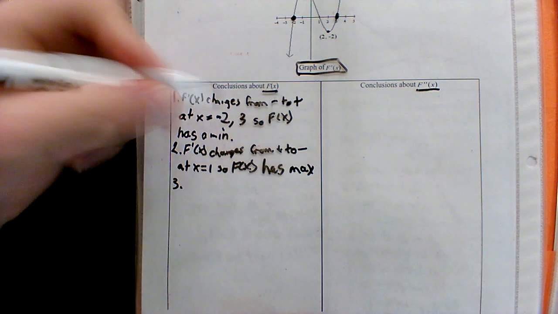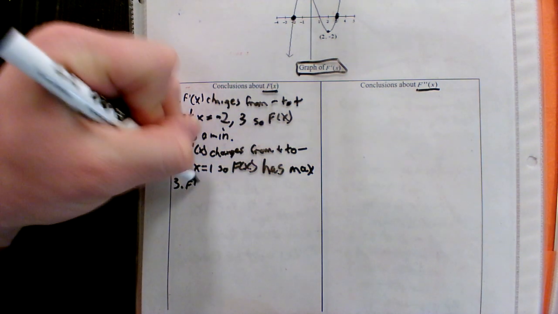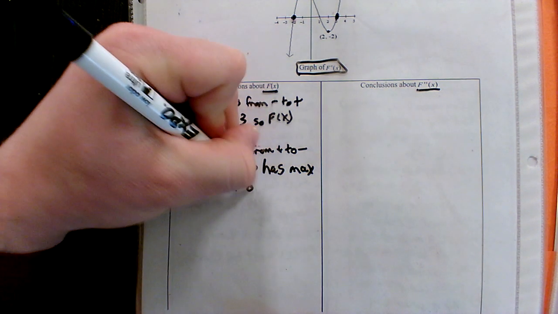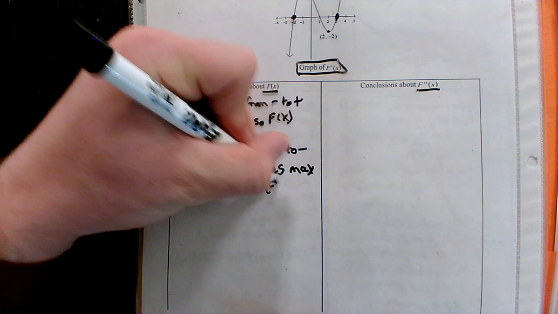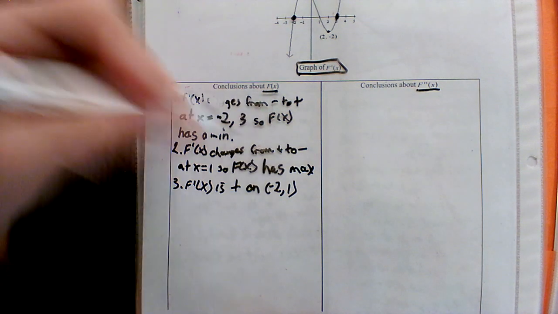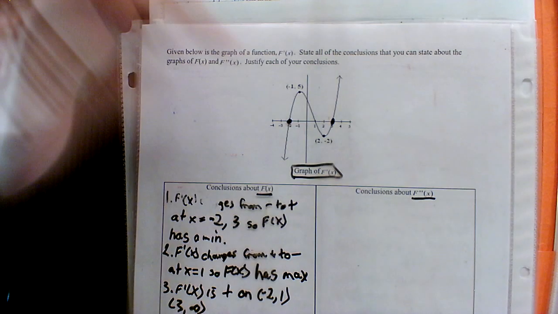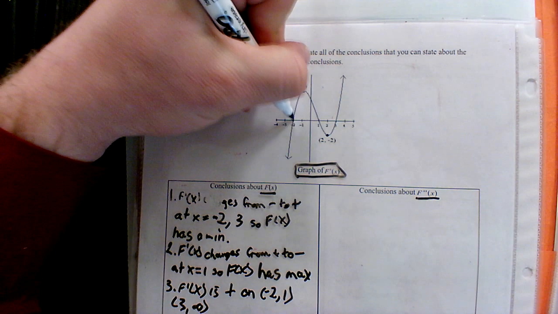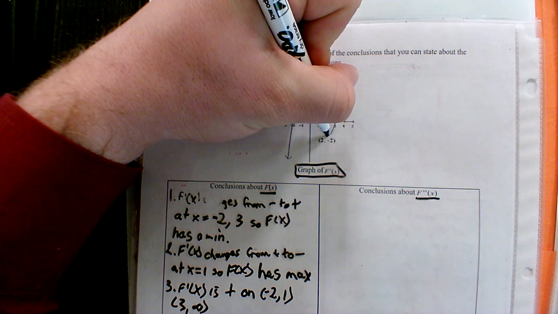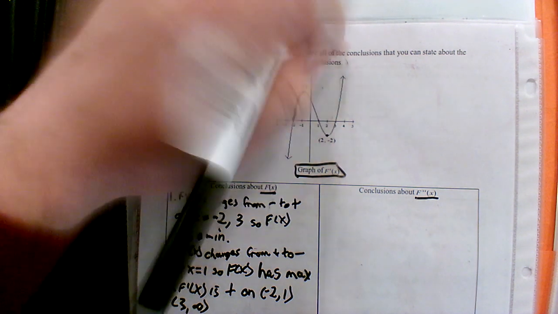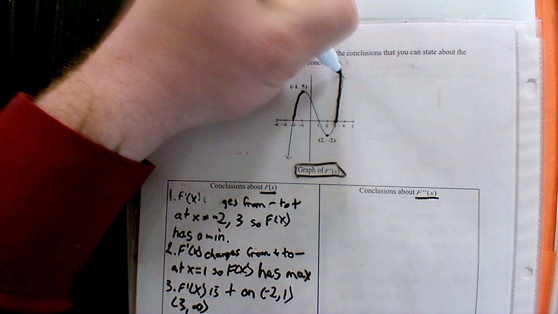Alrighty, next one, number 3. The first derivative, f prime of x, is positive on the interval -2 to 1 and from 3 to infinity. So from -2 to 1 it's positive, and from 3 to infinity, sorry, it is positive.